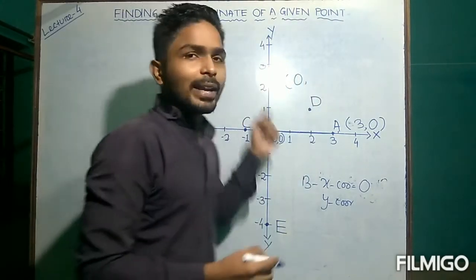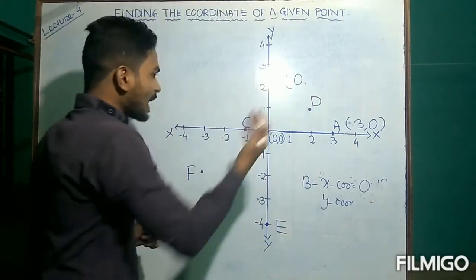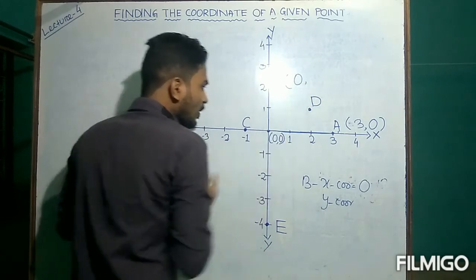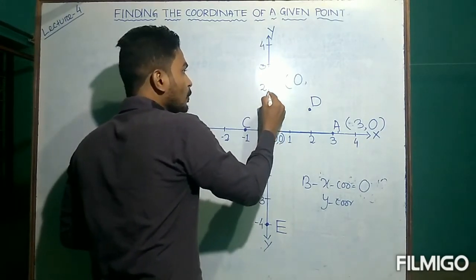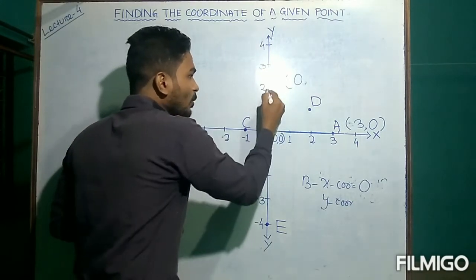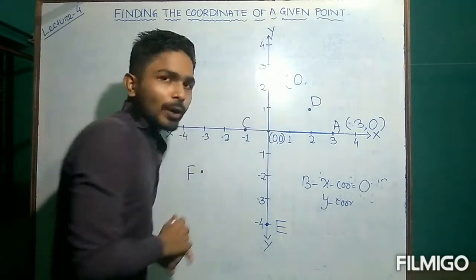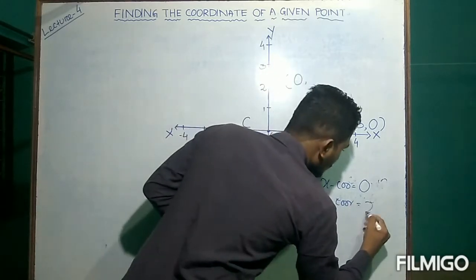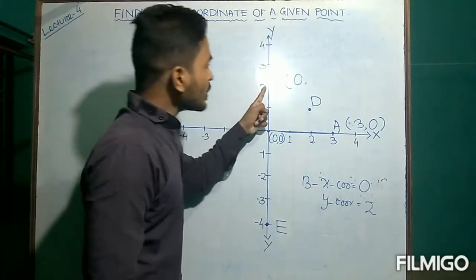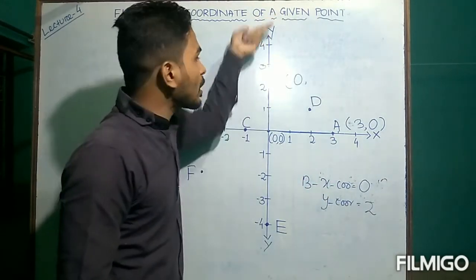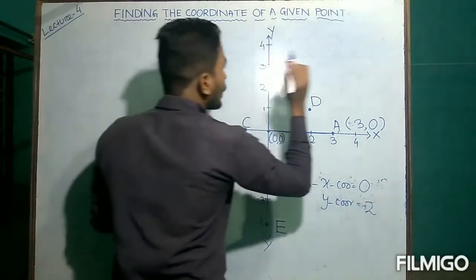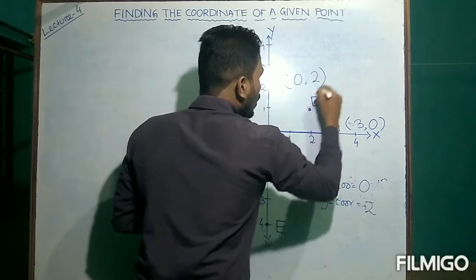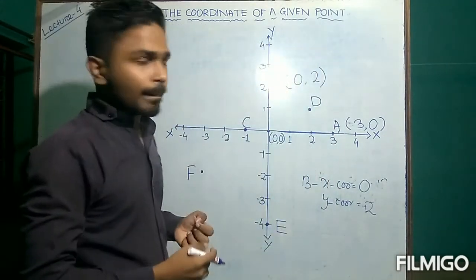Now what is its y coordinate? Start your journey from the origin and move towards the positive direction of the y axis, and you have to move about 2 units to reach point B. So your y coordinate is 2. Here it is +2 because it is towards the upward or positive direction. So the coordinate of point B is (0, 2), or you can write (0, +2).